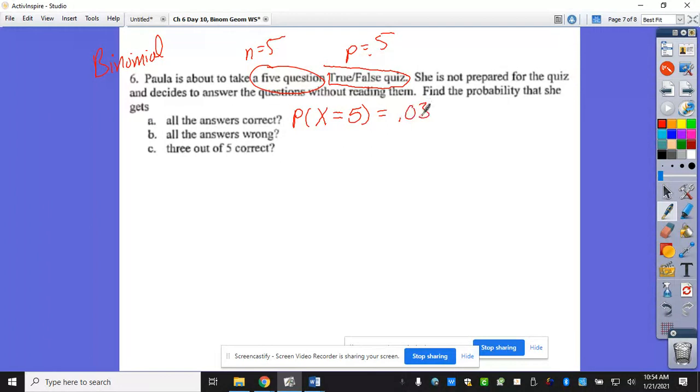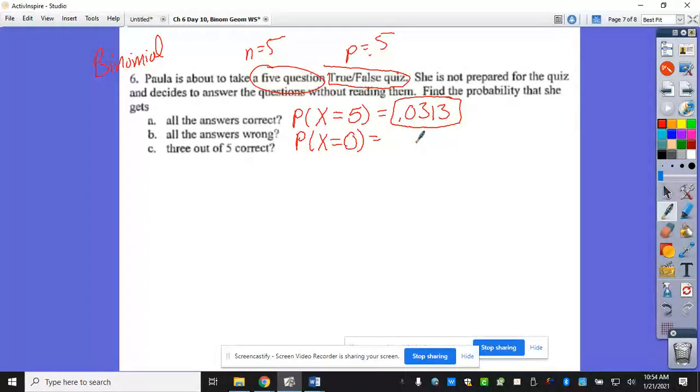Which is 0.0313. So a 5-question true-false test doesn't sound that bad, but the likelihood of guessing and getting them all right is about 3%. That's not that great. All answers wrong. Well, if I don't ever do this problem, what is that answer? It's 50-50.